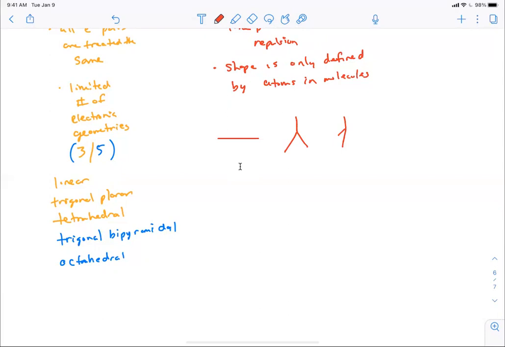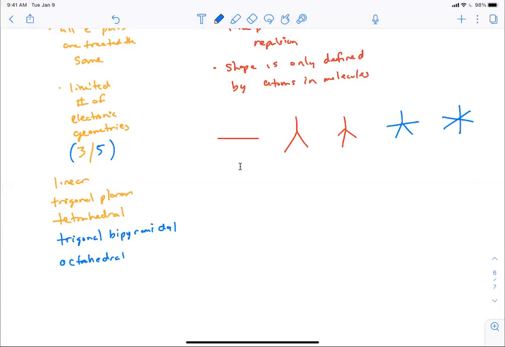These are my 5 electronic geometries: linear, trigonal planar, tetrahedral, trigonal bipyramidal, and octahedral. The way I think about it is every time I have a lone pair instead of a bond, I remove one of the lines in the shape. And that helps me realize what's left in the shape.